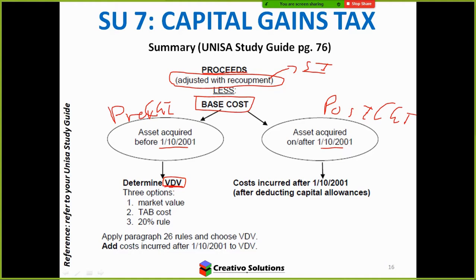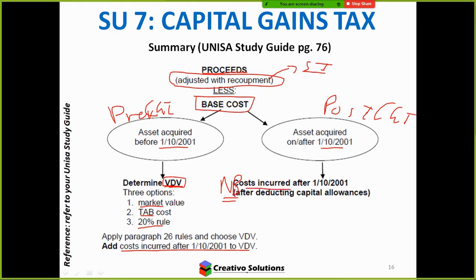Then you've got 3 options. You can either use market value, time apportioned base costs, or the 20% rule, and then you'll apply that depending on what you've got in the question, with any cost after the valuation date. If it's after, then it's easy, it's simple.